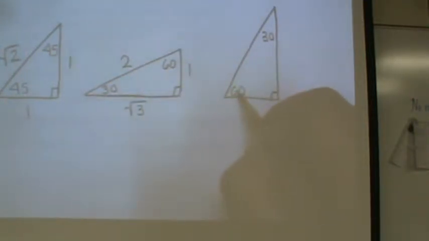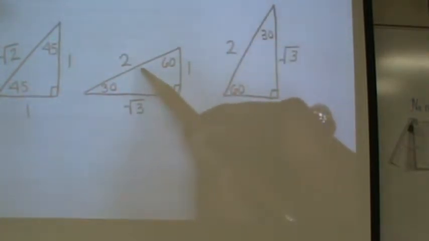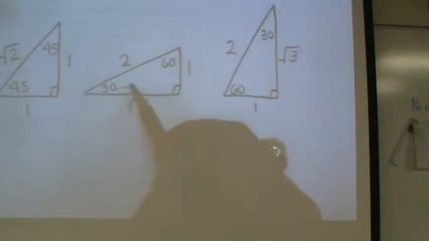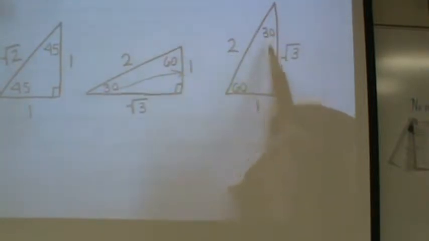So if you do this, the 60, this is gonna be root 3. This is gonna be 1, and this is 2. The hypotenuse is 2. The side opposite, I want you to remember this, the side opposite the 30 is the 1. And the side opposite the 60 is the root 3.